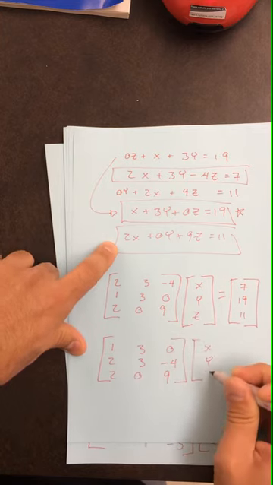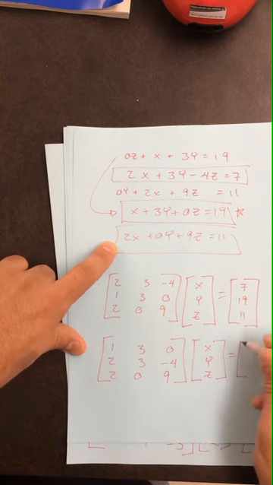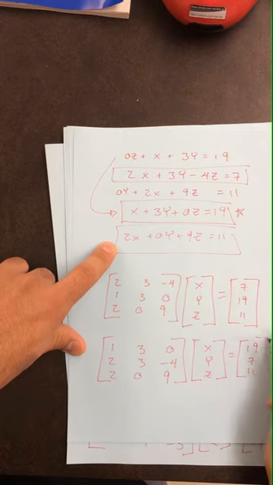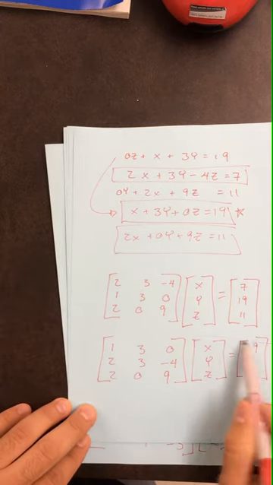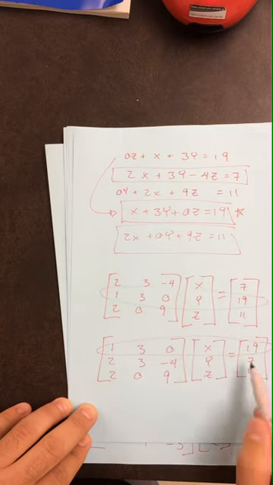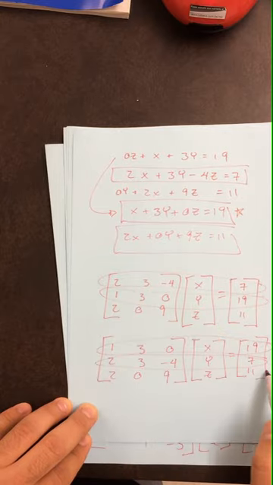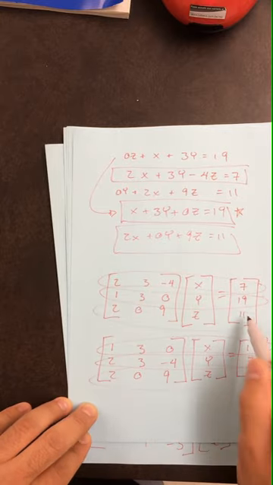X, Y, Z. And the constants 19, 7, 11. So the parts that were in the same equation still are together, which is the important thing. And it'll give you the same solution. You can do it either way.